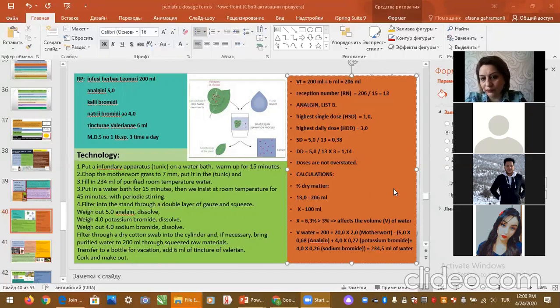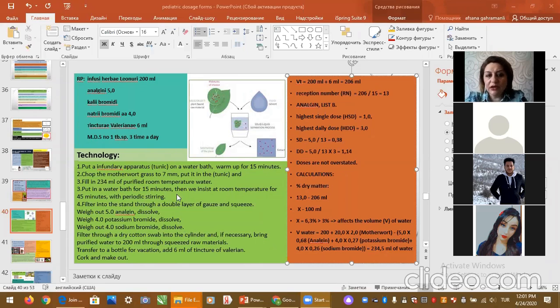This is a task for you because I don't want to stop in this prescription so many times to repeat how we calculate dry matter. According to dry matter and water absorption coefficient, we calculate the total volume of water which we must take for preparing this prescription.